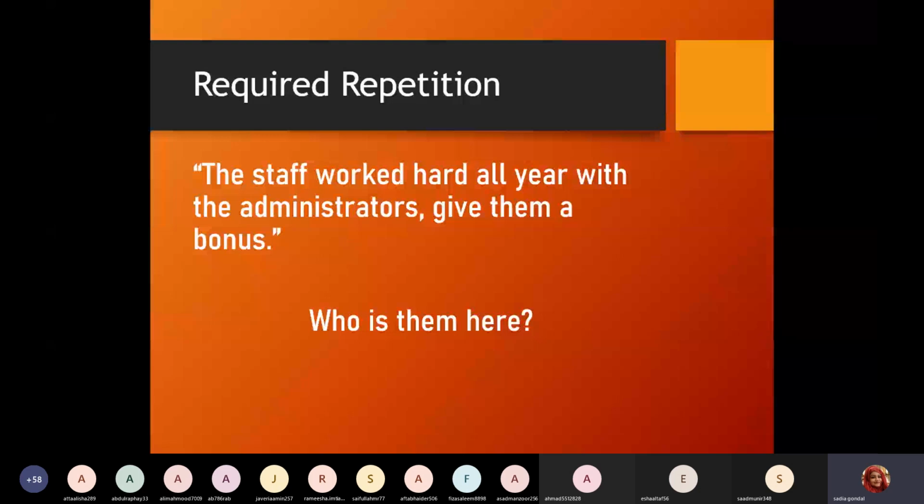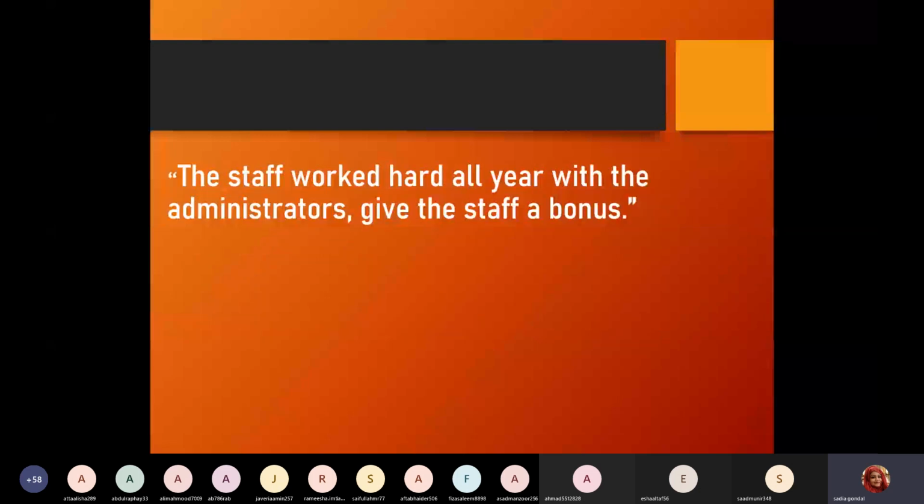This is confusing. This sentence can be rewritten as: the staff worked hard all year with the administrators. Give the staff a bonus. Did you notice the word staff is repeated here? But this repetition was required, because had you avoided the word staff, the meaning would not have been clear.